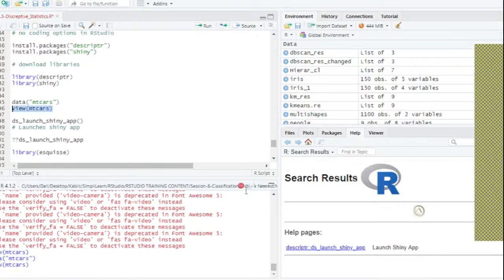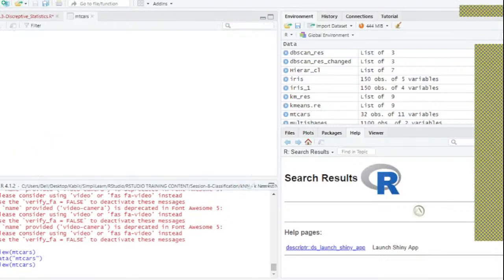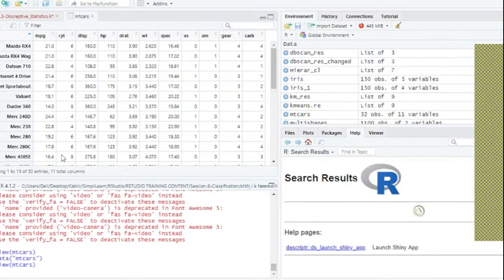Some issue. Okay, there we have it. So cylinder and MPG will create. I'll select cylinder with displacement.